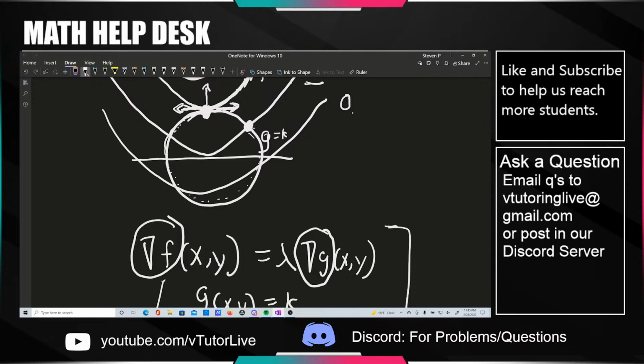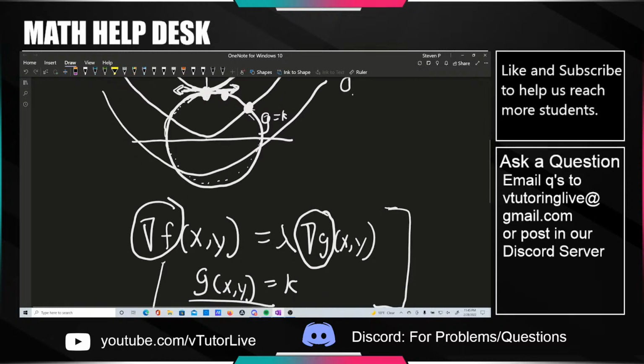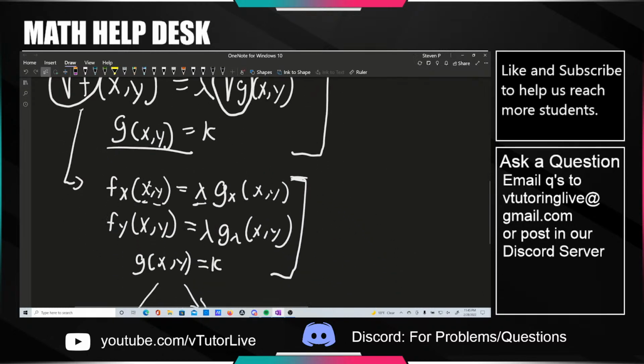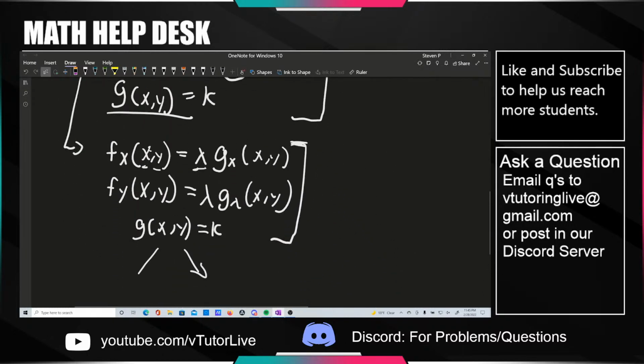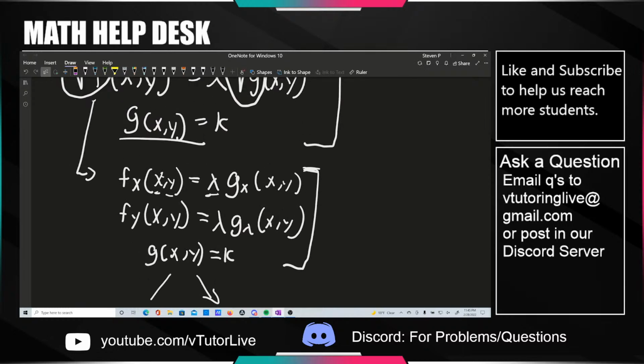I would want to check its neighbor somewhere around here, and manually check that the temperature at this point is lower than the temperature at that point, or elevation, or whatever you want to call it. There's just a lot of elbow grease you have to do, unfortunately, for these kinds of problems, and we'll show you a little bit more detail.